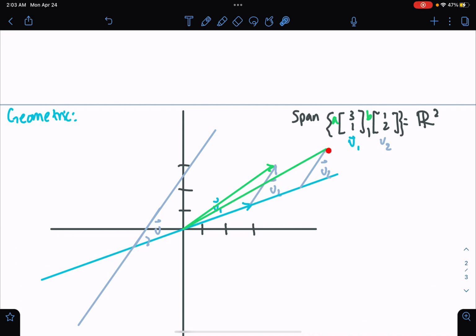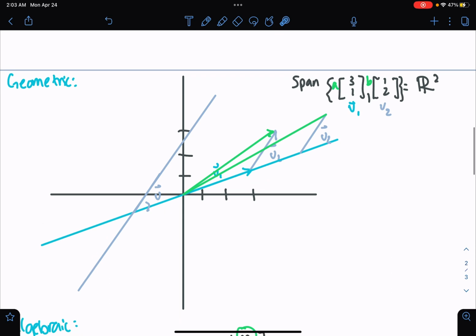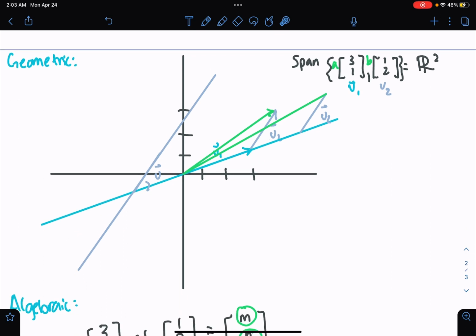So that's the linear combination of v1 and v2. But we can also extend the v2 out because it could also be multiplied by a scalar.